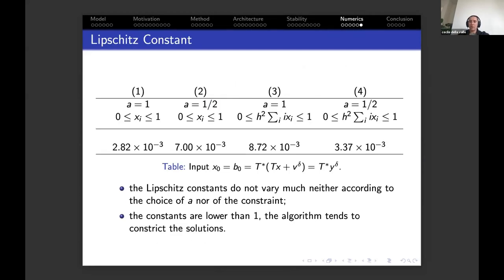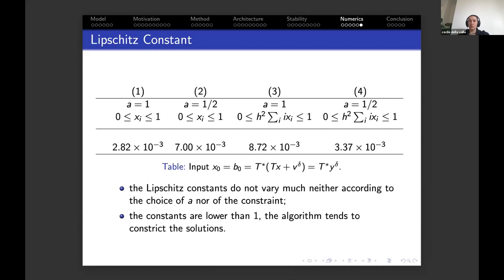And I can now compute a Lipschitz constant in the 4 subcases that I studied. What I can say is that the Lipschitz constant does not vary much, neither according to the choice of a nor of the constraint.